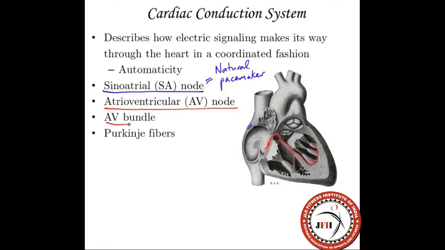The AV bundle then takes the signal down through the septum, meaning the border between the left ventricle and right ventricle, and it extends in what are called Purkinje fibers. So all these little fibers that are innervating the muscle fibers of the ventricles are named after Dr. Purkinje, and when the electrical signal goes through all those Purkinje fibers, you get the ventricles, left and right, contracting at the same time, at least they're supposed to.